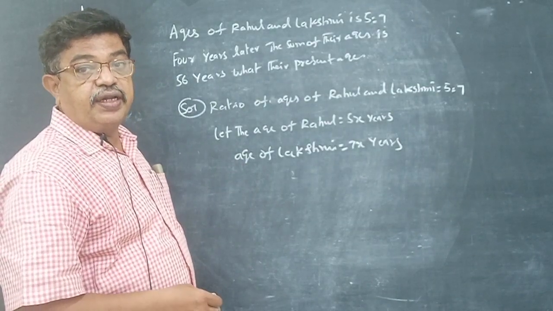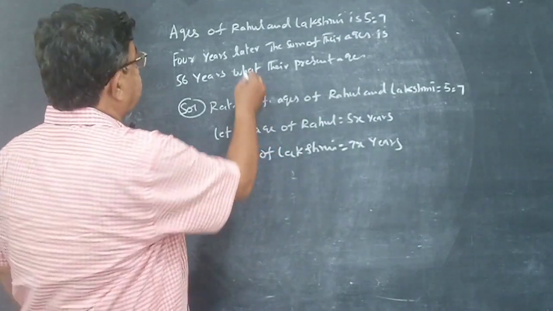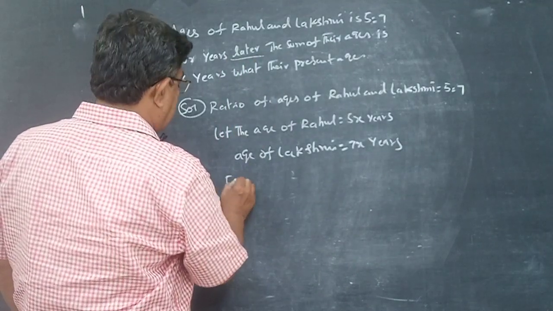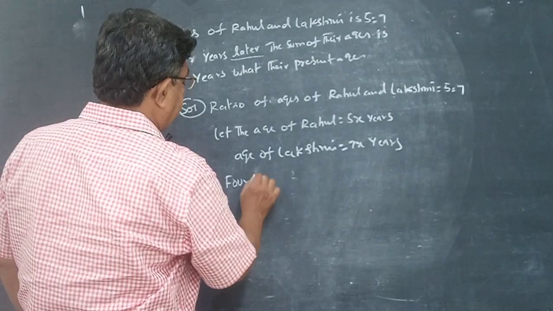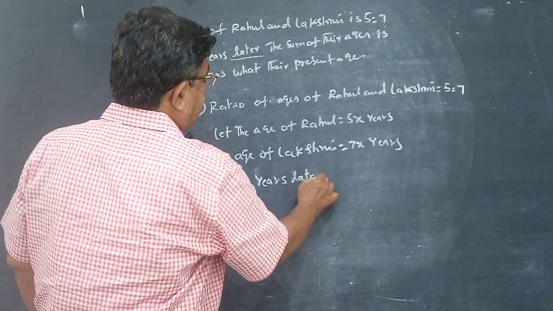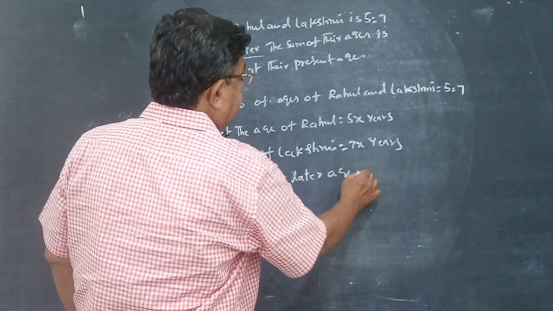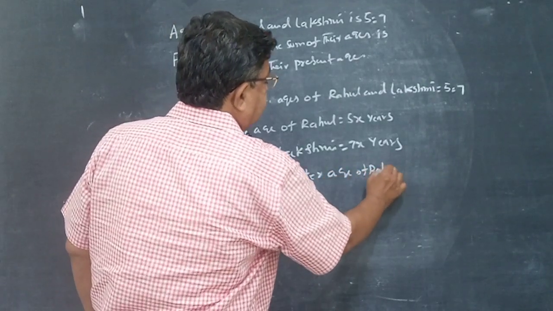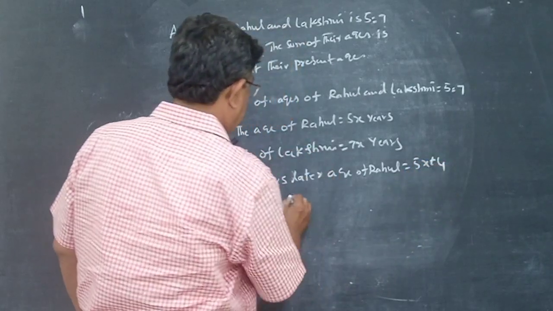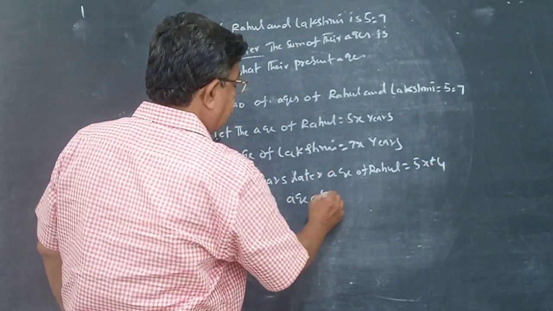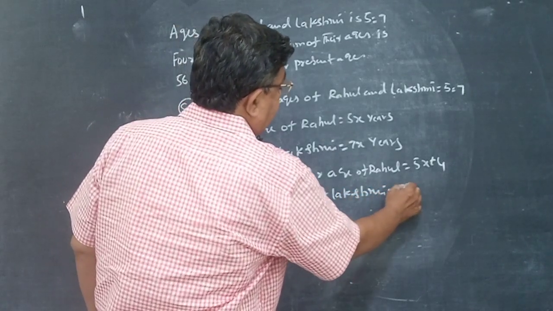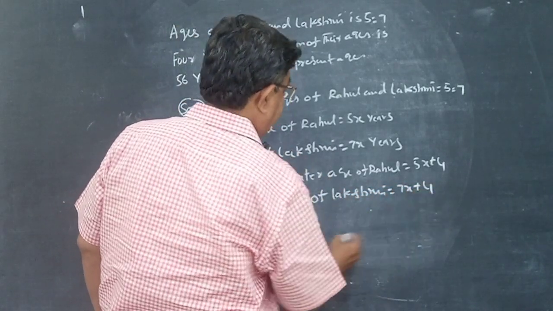Now we want to find their age after 4 years. Later means after. 4 years later, age of Rahul is equal to 5x plus 4. Age of Lakshmi is equal to 7x plus 4.